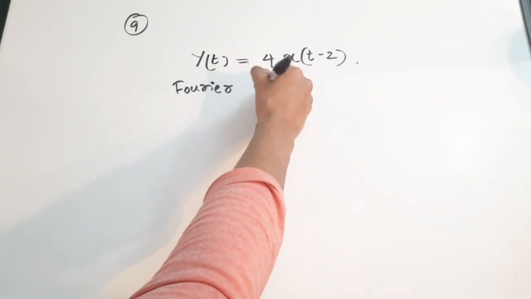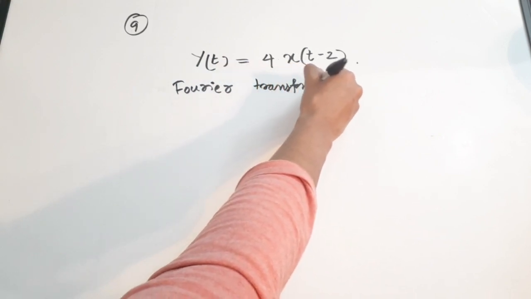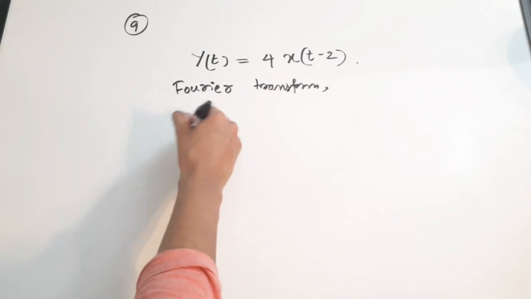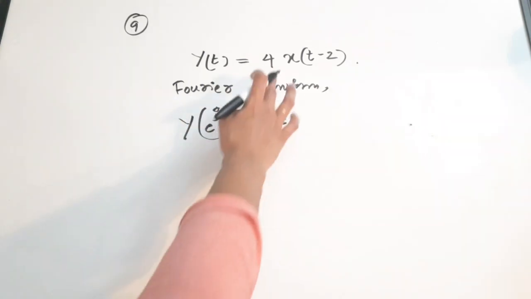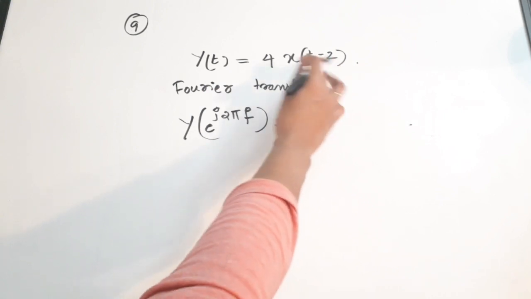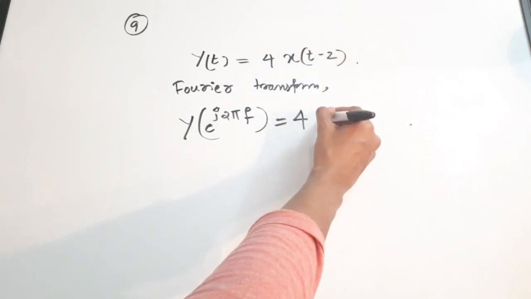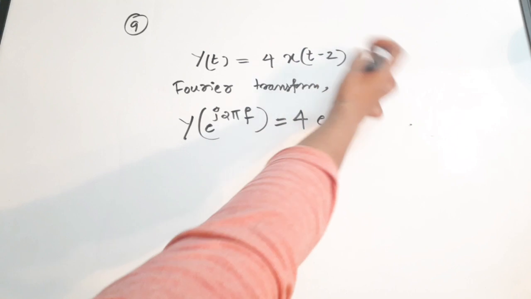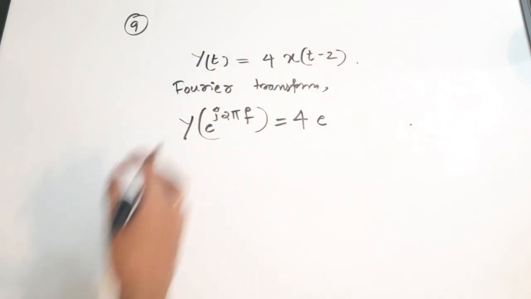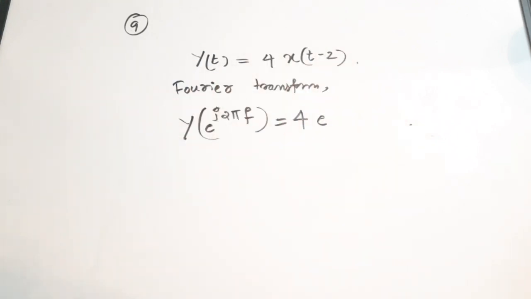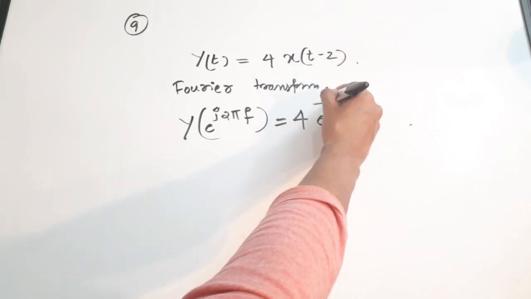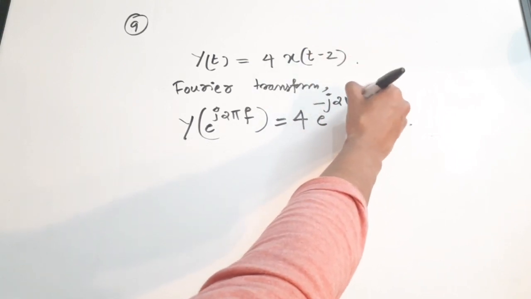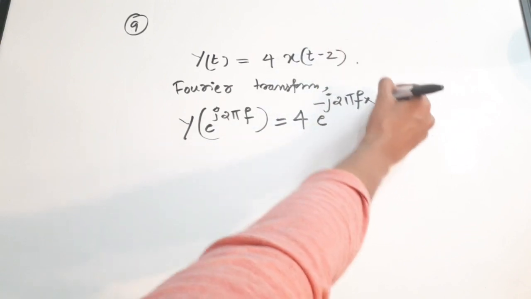If you take the Fourier transform, you'll get Y of e raised to j 2 pi f equals 4 into, 4 is a constant, then x of t minus 2. How will you represent it? You have to take the t minus 2, this 2 term outside, so for that you will be taking e raised to minus j 2 pi f into 2.